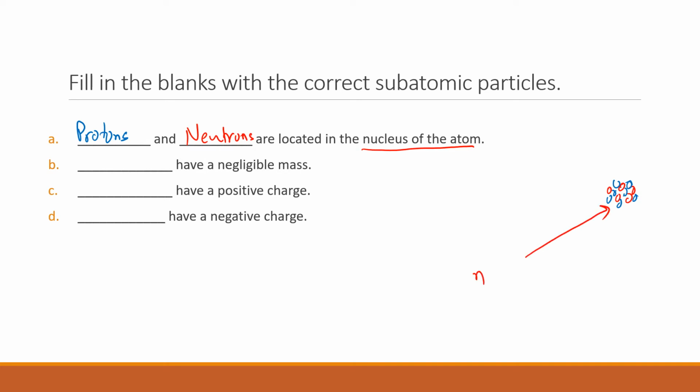This is our nucleus. Dash have negligible mass. We learned earlier electrons are the species that have negligible mass. Which one has a positive charge? We also learned previously protons have a positive charge, and which one has a negative charge?